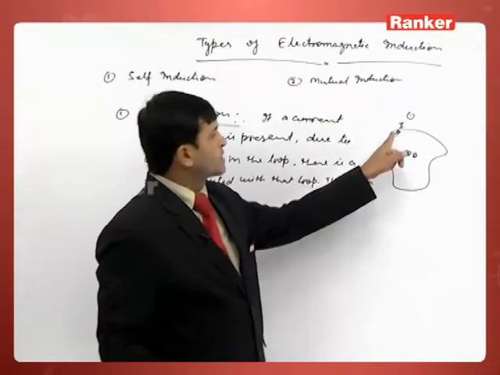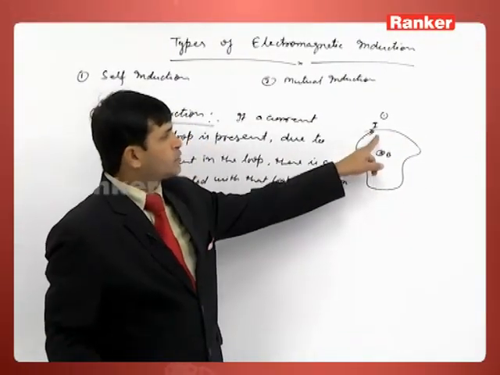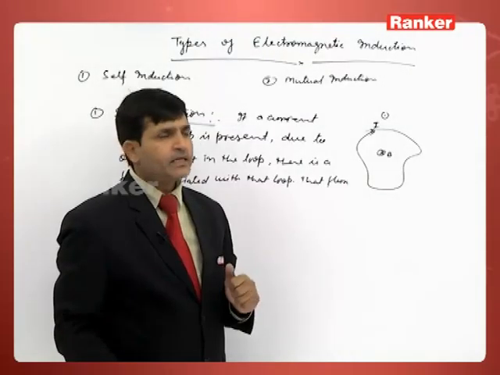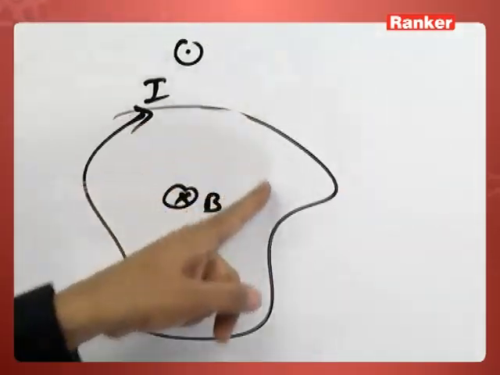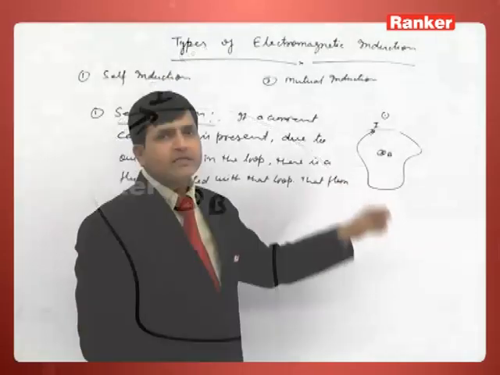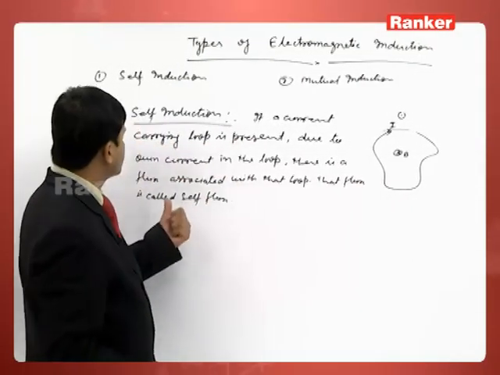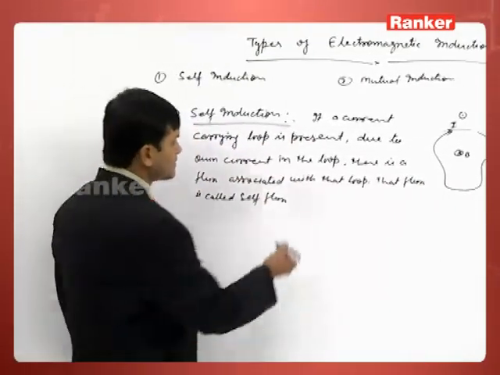Just like here, I is the current, so due to that current there is a magnetic field B, and due to this field there is a flux associated with this loop. That flux is called self flux.